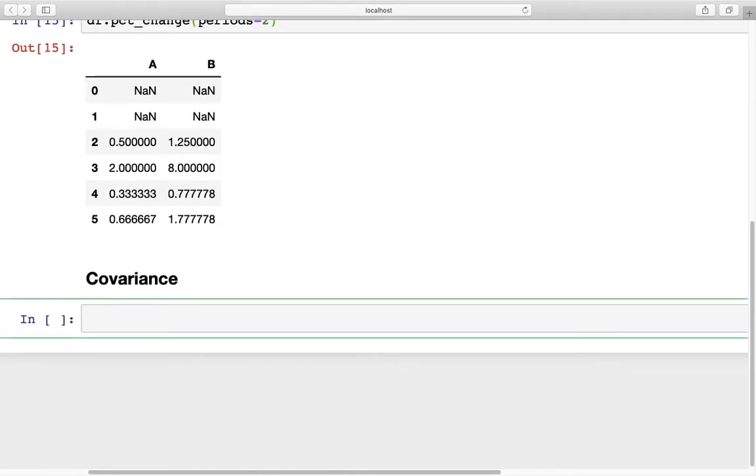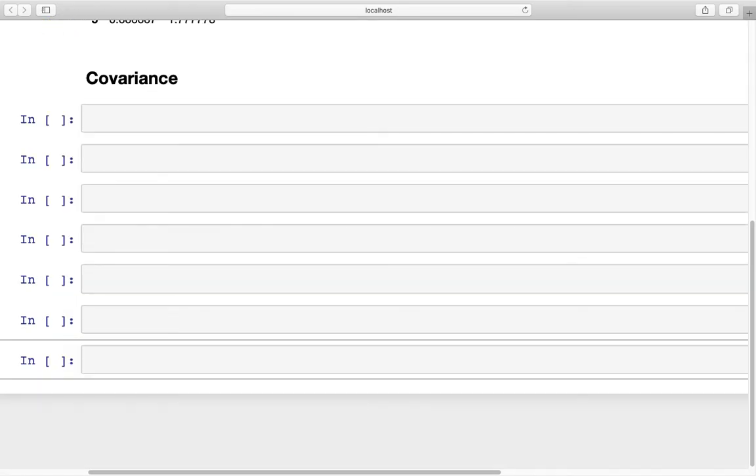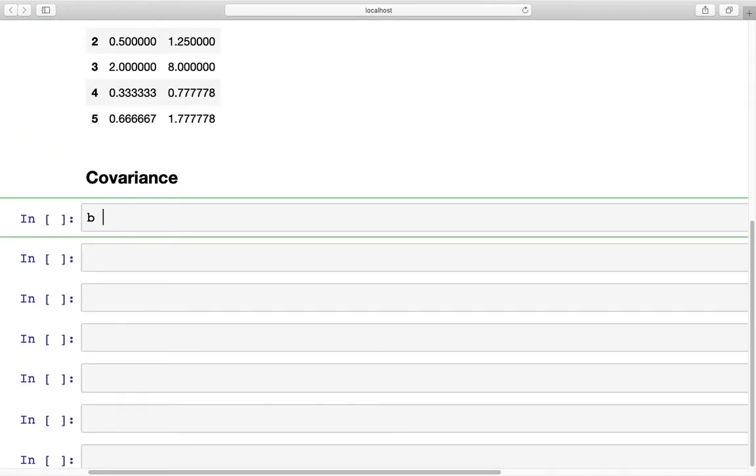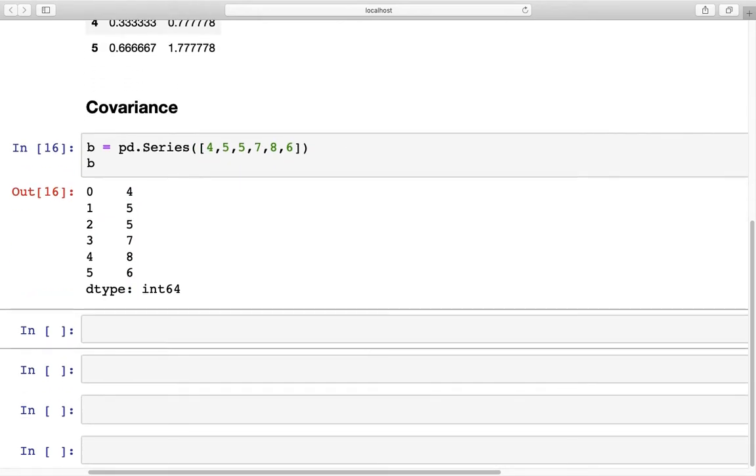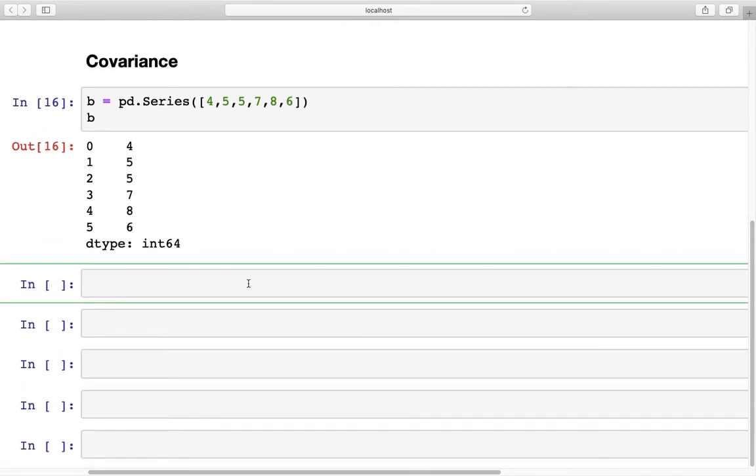And for this, we are going to create another series B and use that one. So B is equal to pd.Series, let's say 4, 5, another 5, and 7, 8, 6. So that's the series B we have, and we'll go ahead and create another data frame df1 using this series and the series A that we had earlier.